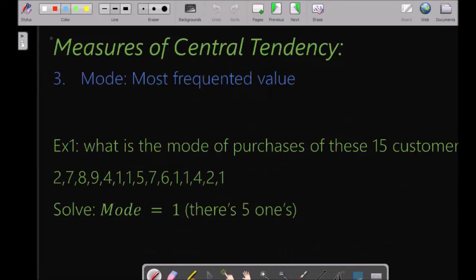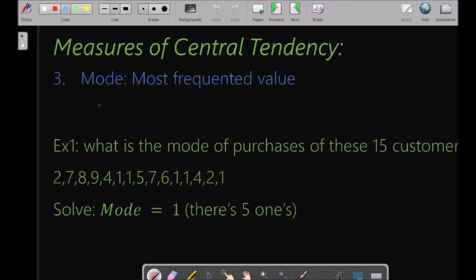The third measure of central tendency is the mode, and of course we use the mode with discrete values, like you see here in this example: 2, 7, 8, 9, 4, 1, 1.